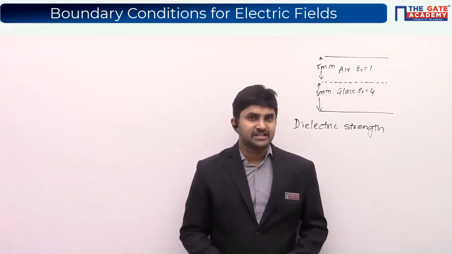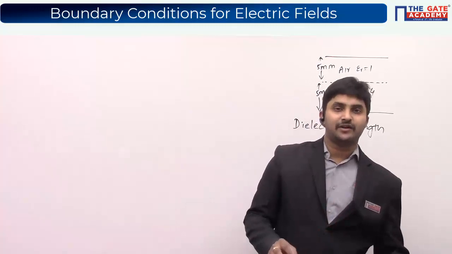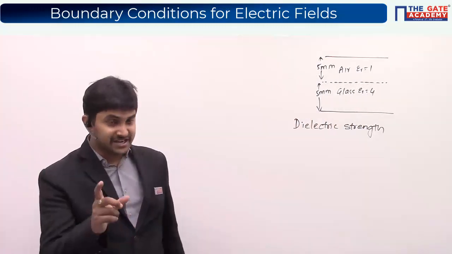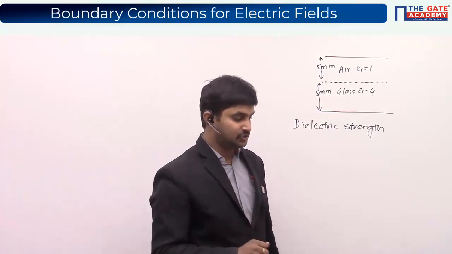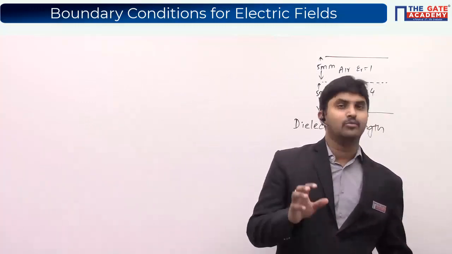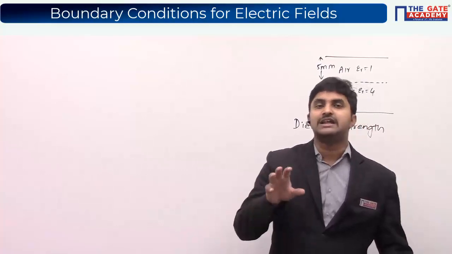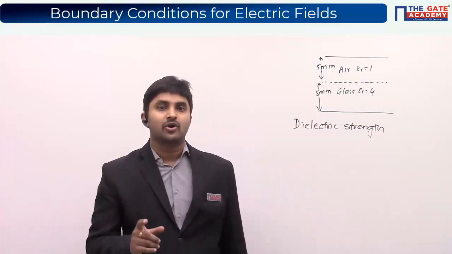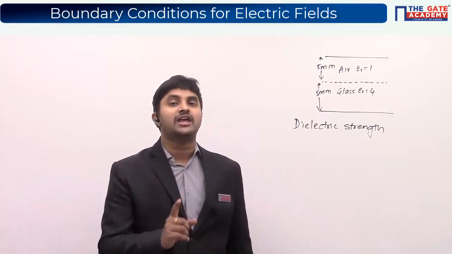So it is an electric field that can be sustained by the dielectric. In a way, we are talking about the maximum or critical electric field that a particular dielectric can survive or sustain without any breakdown.